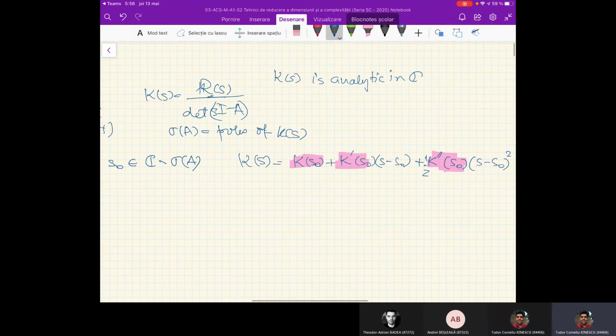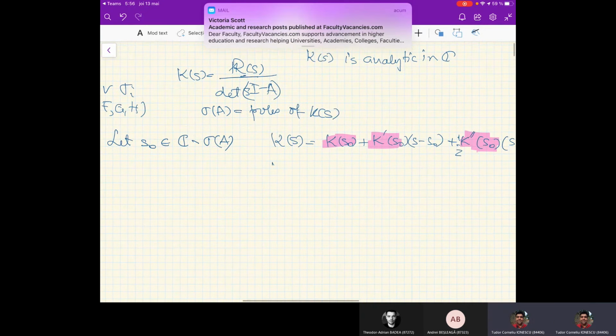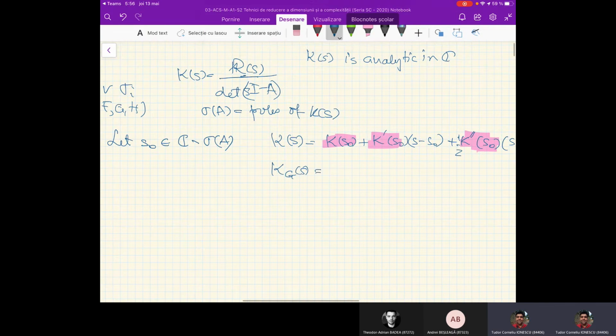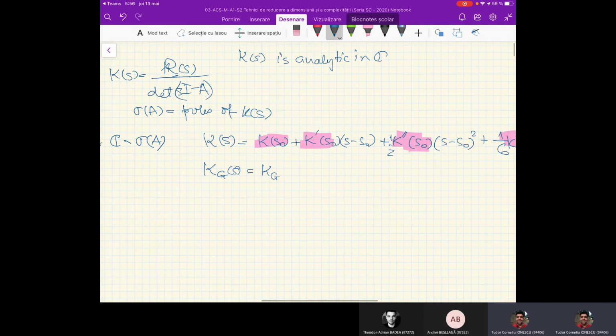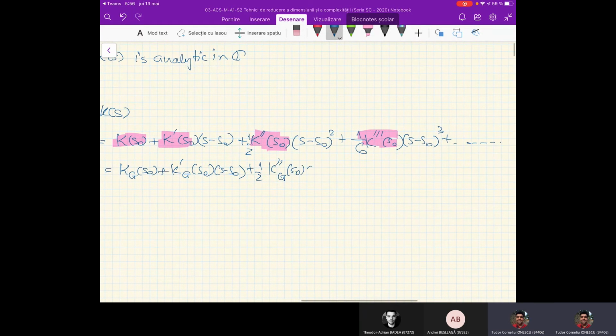Similarly, Kg(s) is Kg(s0) plus K'g(s0)(s minus s0), plus half Kg''(s0) times (s minus s0) squared, plus 1 over 6 Kg'''(s0) (s minus s0) to the power 3, and so on and so forth.